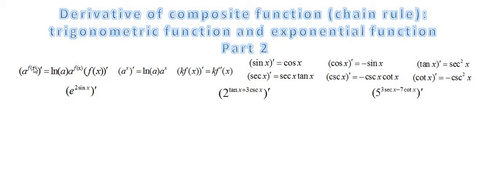The derivative of a composite exponential function a to the power f(x) equals ln a times a to the power f(x) times the derivative of f(x). I also put the standard derivative of the exponential function: a to the power x prime equals ln a times a to the power x.